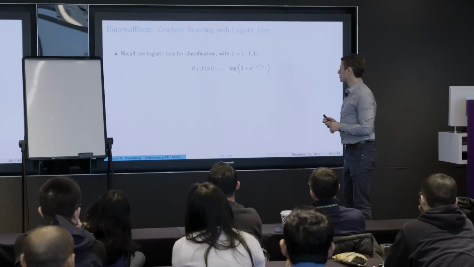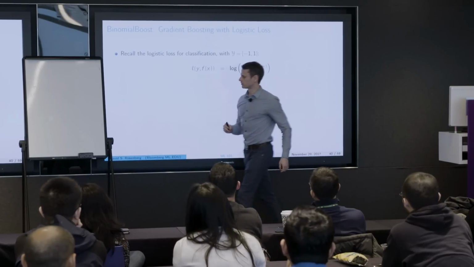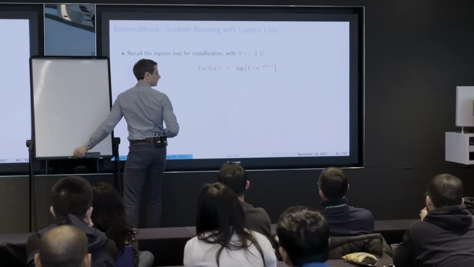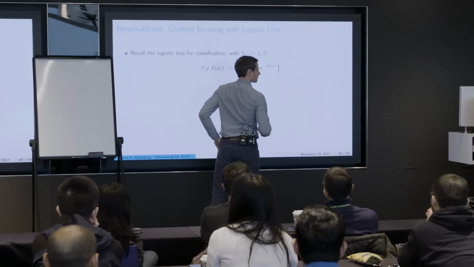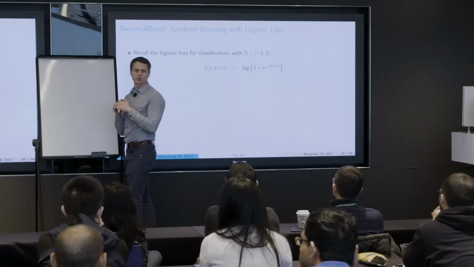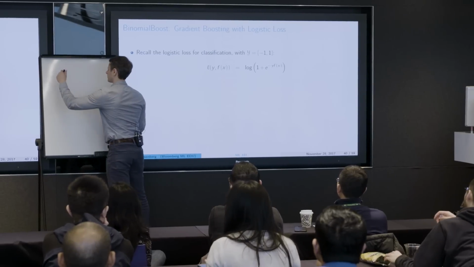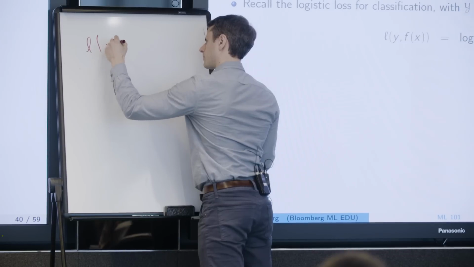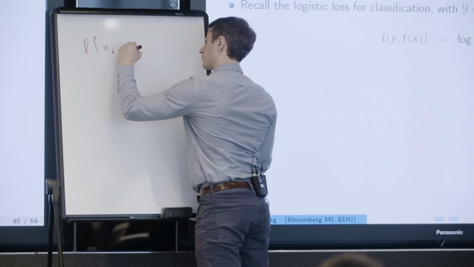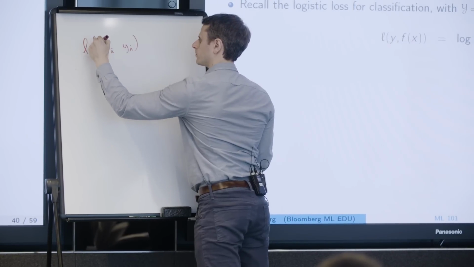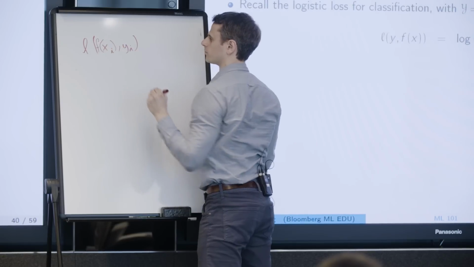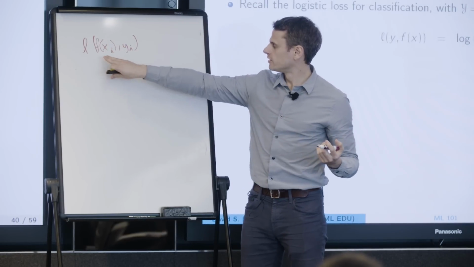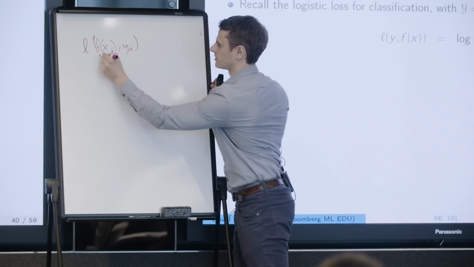You need to differentiate with respect to the prediction, exactly. So great. For any training point xi, yi, we need the partial derivative of this loss with respect to the prediction itself, right?